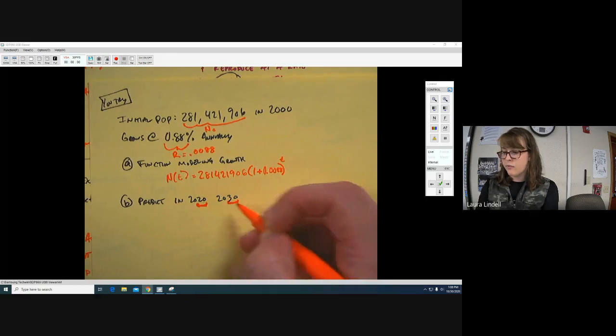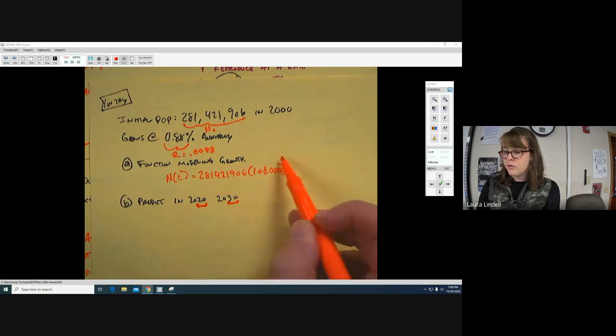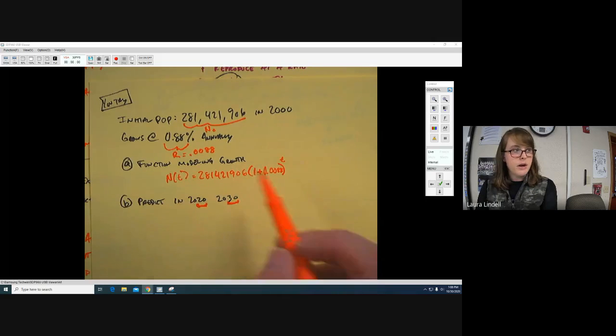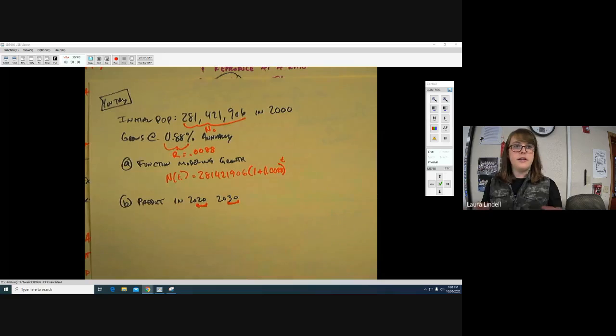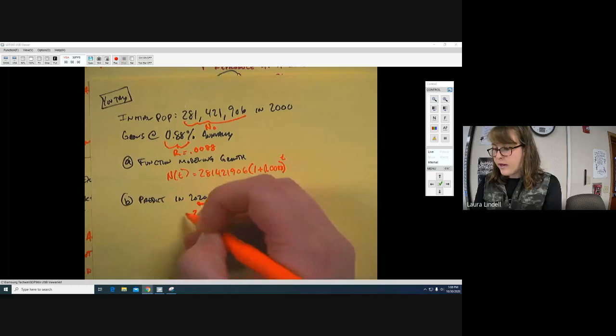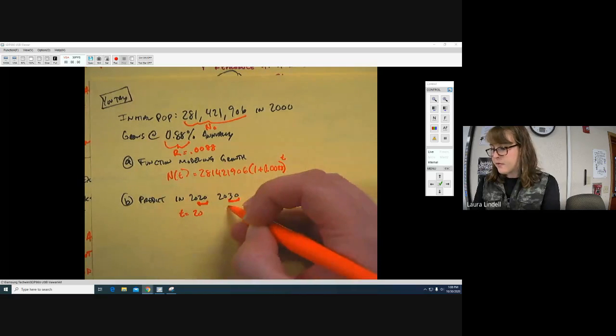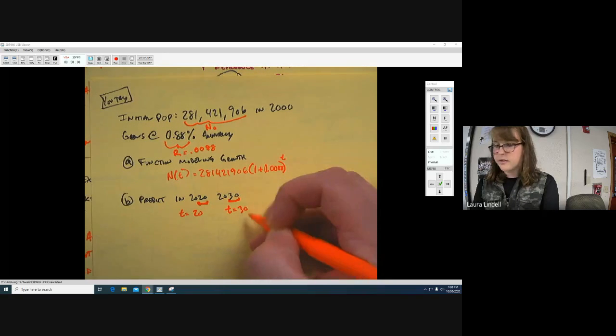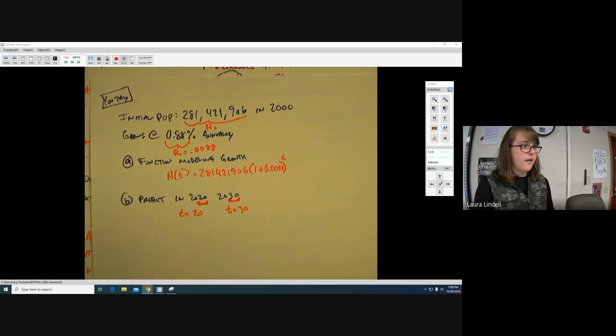I wouldn't want to plug in 2020 for time or 2030 for time, because this function modeling growth is growth in years since 2000. So if it's 2020, it has been 20 years since 2000. If it's 2030, it's been 30 years since the year 2000. So for this one, we would be plugging in 20 and then plugging in 30.